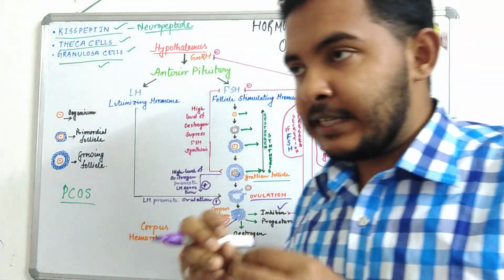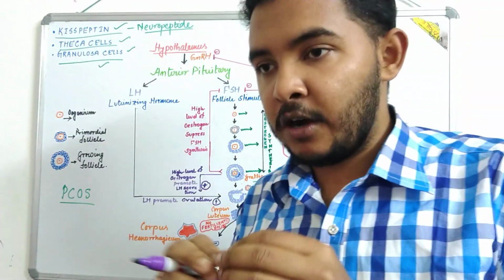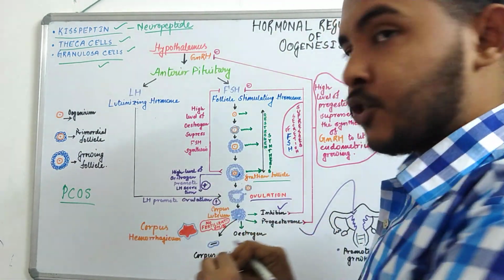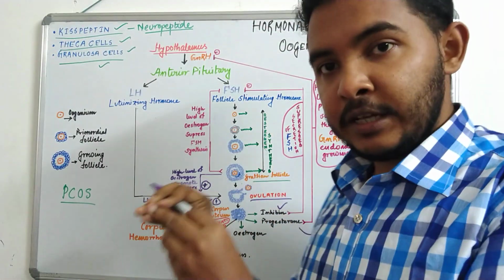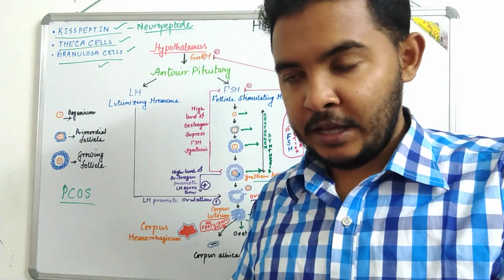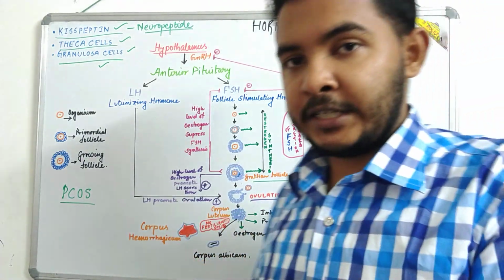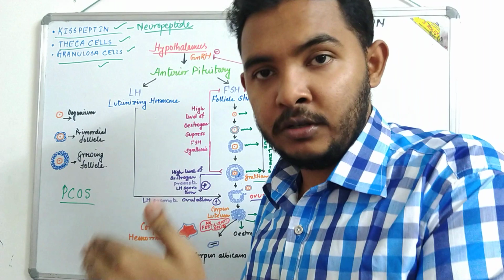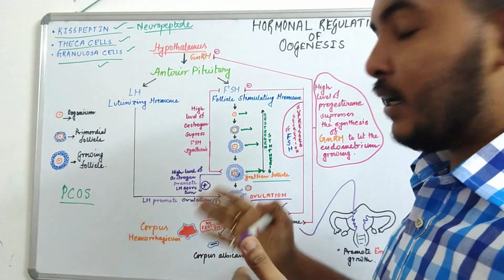What they do is transform something to produce estrogen. So what is that something? That something is cholesterol. They change the cholesterol into something called pregnenolone to produce our estrogen.